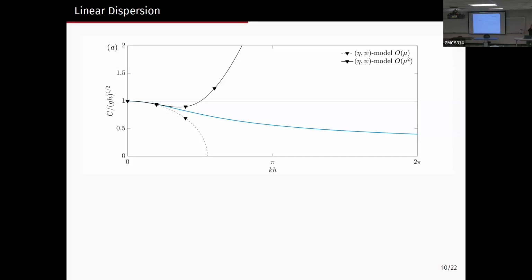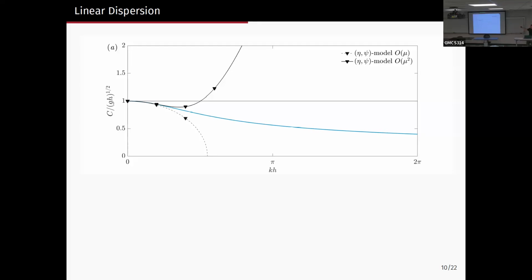You derive a model, let's say the black one. You derive the dispersion relation and you compare it, and you see that they agree, but in a limited range. k is the wave number here, and c is omega over k, the phase speed, and you see that they agree, but near zero.